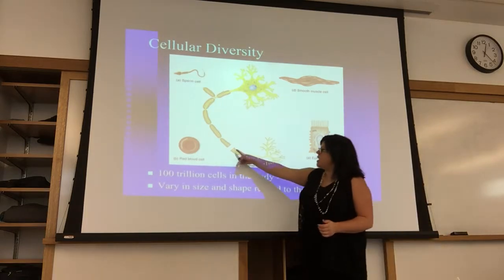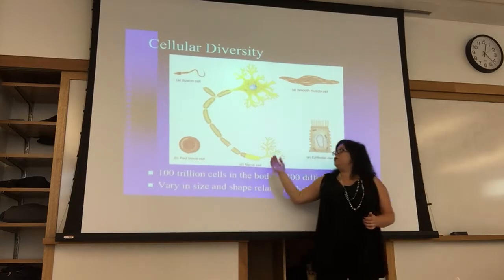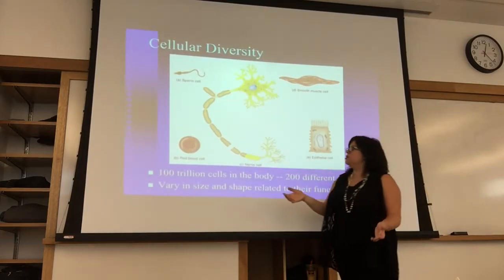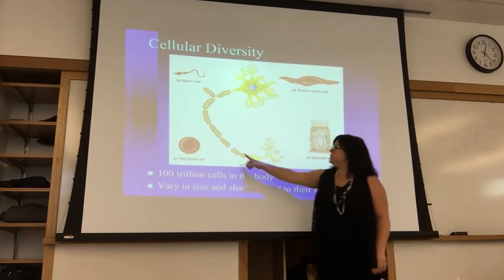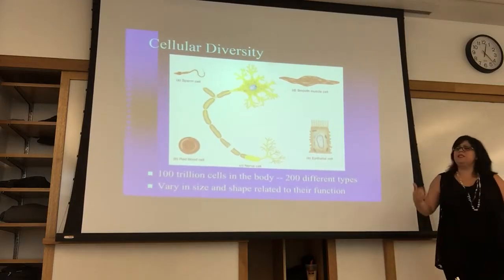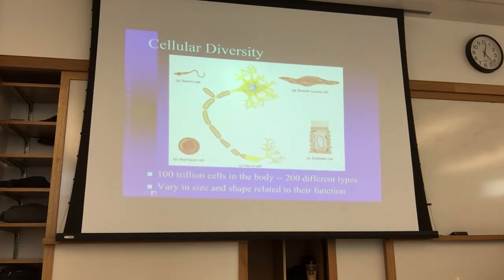And this break here, people get confused by this. This break just means that this neuron is so long they can't show you the whole thing. So they're just going to show you the beginning and the end of it. That's what this white area means here. You can see the nucleus though in the neuron. Here's the nucleus here.